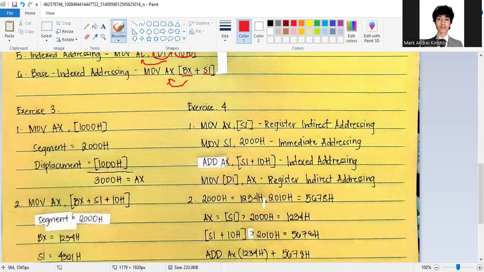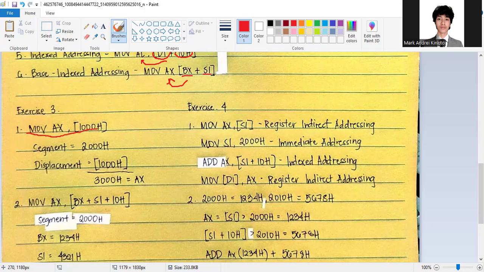Now let's move on to exercise 3. For exercise number 3, there's a problem. Given the base address is 1000H, segment address is 2000H, and a displacement of 0010H. For number 1, we're going to compute the physical address for the instruction move AX, this one.